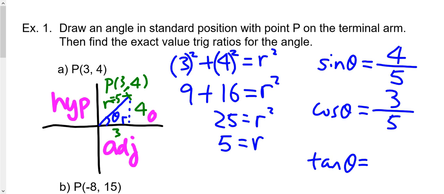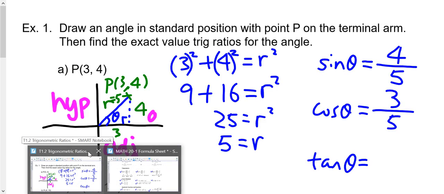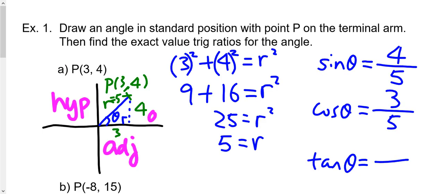So 3 over 5. And then tangent is opposite over adjacent. If you want to look at the x and y, you go ahead. So opposite is 4, adjacent is 3.